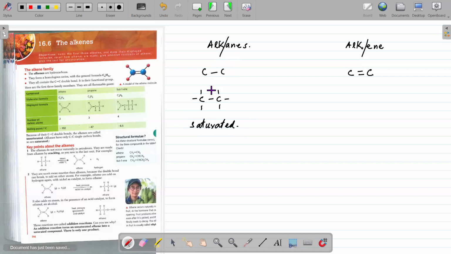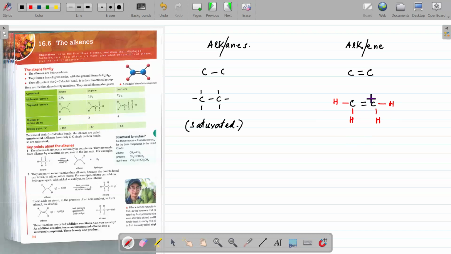So alkane is a series which contains all the compounds known as saturated compounds because of carbon-carbon single bonds. But when we talk about the first member of the series having the carbon-carbon double bond, how many hydrogens? We need two hydrogen atoms with every carbon atom to make the four bonds of each carbon.